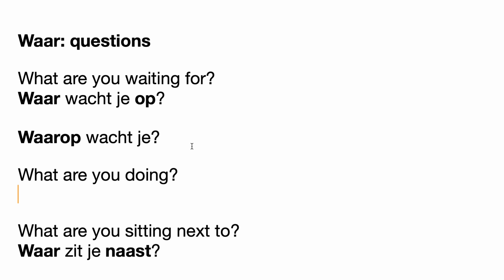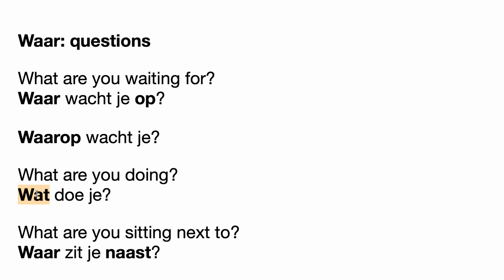Here, do you see a preposition like for, with, or to, etc.? No. So the what will simply be kept like this. So, wat doe je? There you go. So no preposition, we keep the what. Preposition, then we're going to change the what into a waar. That is the first case in which we use waar instead of wat.